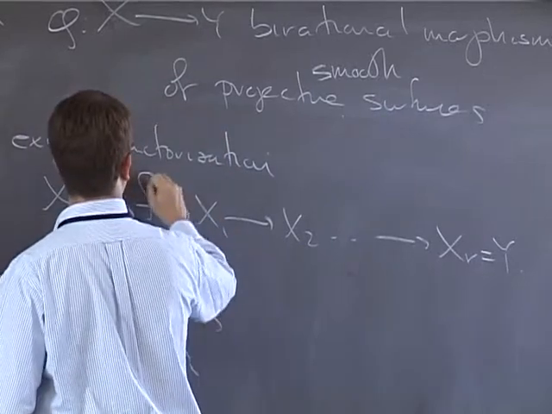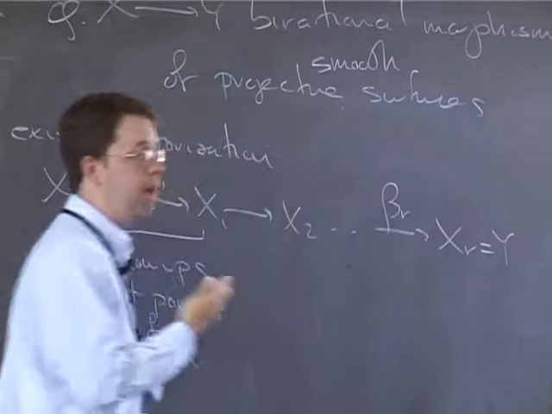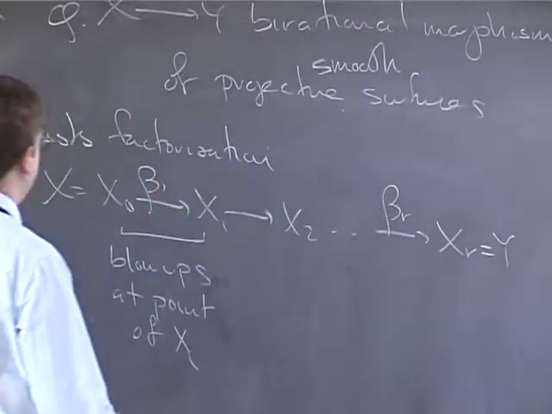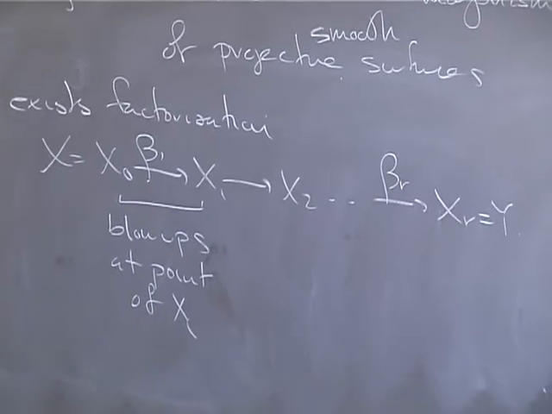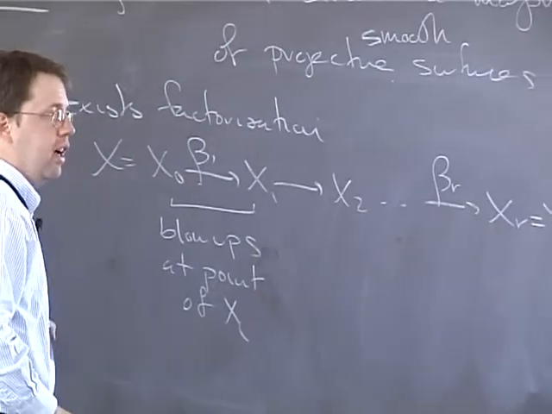So each one of these maps is a blow-up at a single point of xi. So every such map can be represented as a sequence of blow-ups.